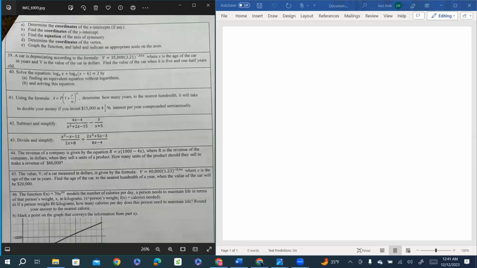Okay, so let's look at the last page of the review sheet. The function we have for question number 38 is f of x equals negative x squared plus 4x plus 5.